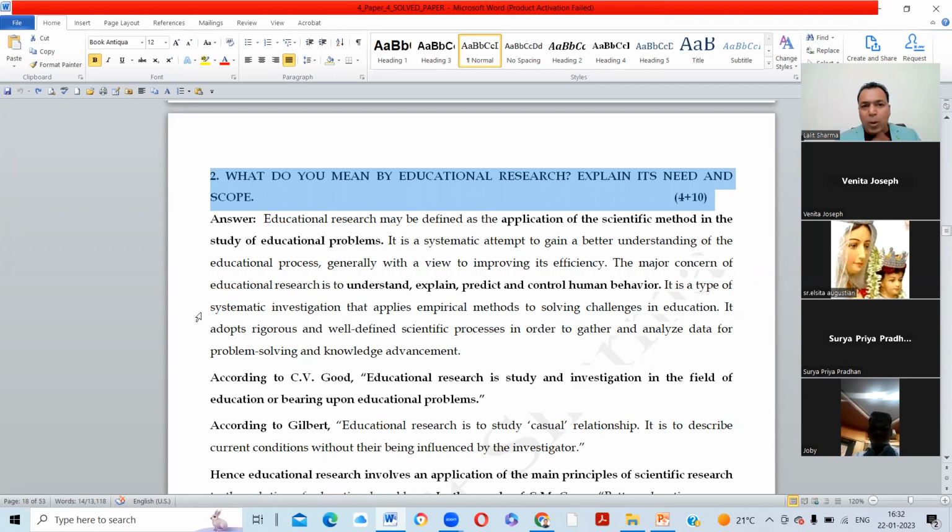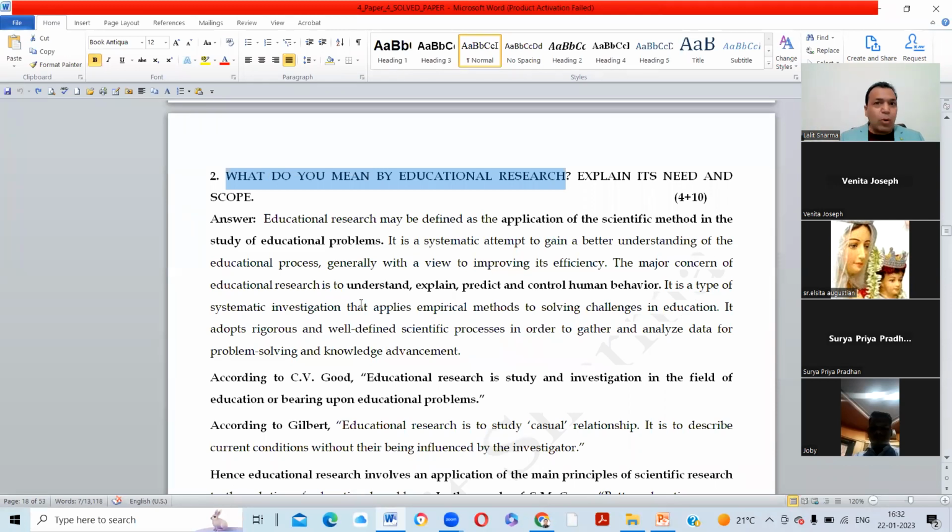See, what do you mean by educational research? Explain its need and scope, and it is of 4 plus 10. It means the examiner is asking you to define educational research for only 4 marks, and need and scope for 10 marks.